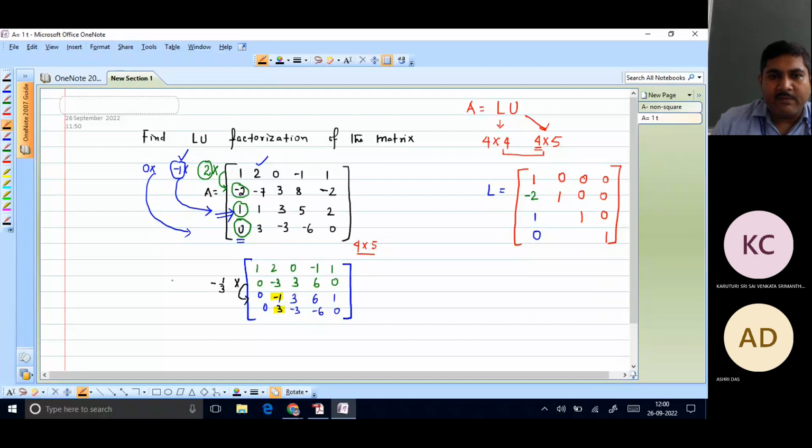Similarly, if I will multiply 1 to second row and add it to last row, I will get 0 where 3 is there.